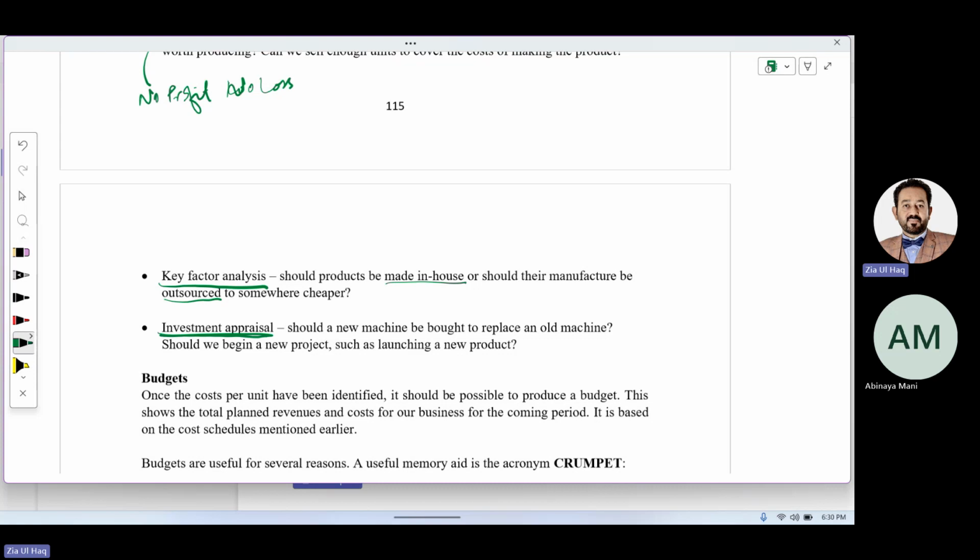Investment appraisal means that to produce this product, business uses a machine. If business installs a new machine, that will be more cost effective. Take the old car and new car. An old car consumes more petrol, a new car consumes less petrol. Old cars have more CC.